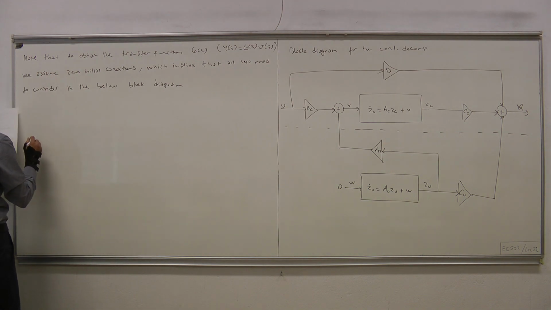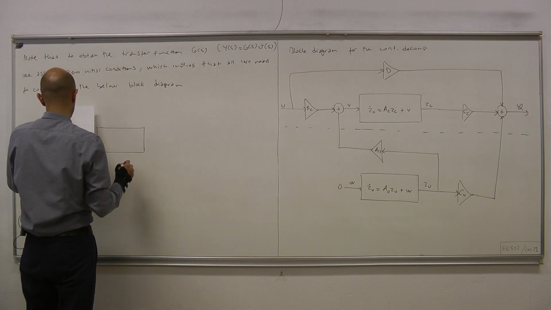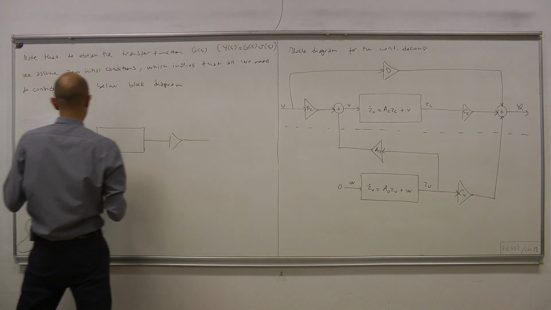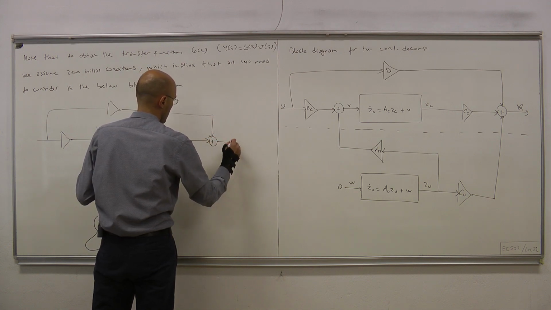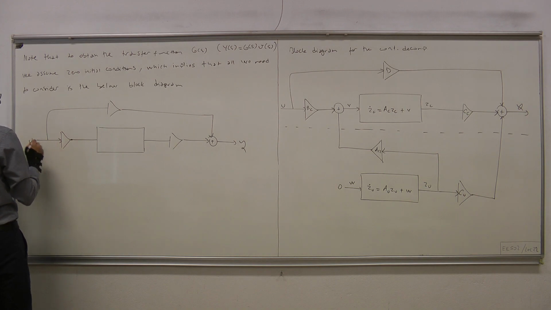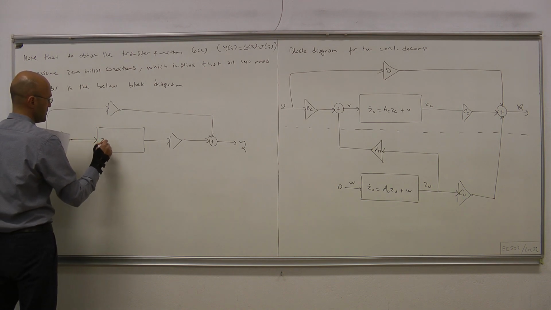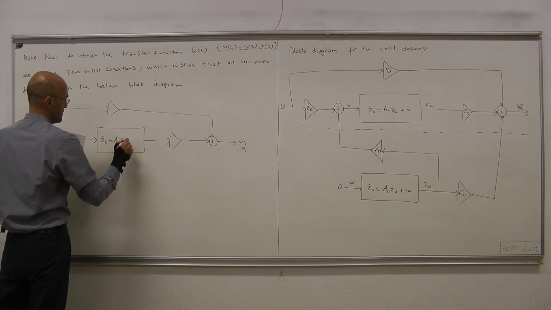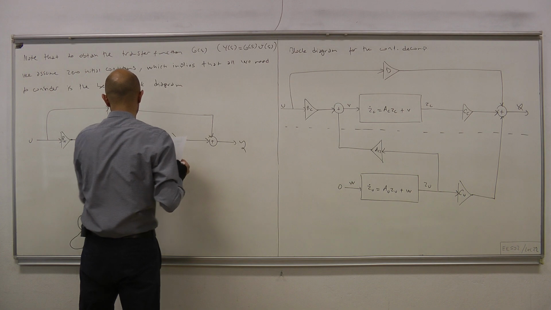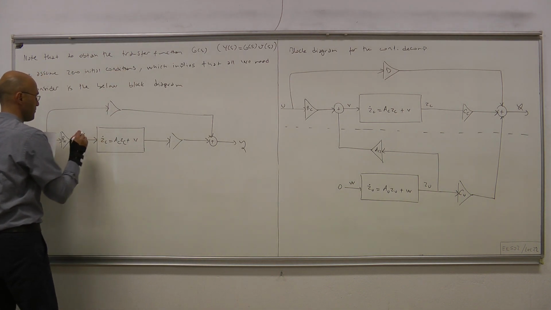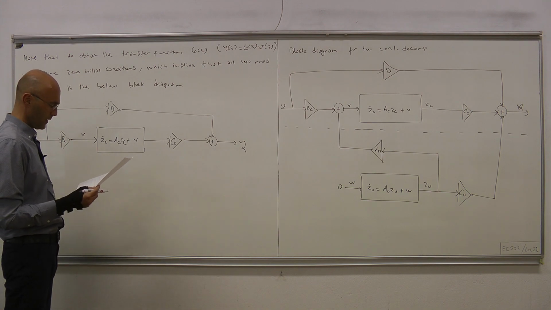So here we have BC, this is ZC dot equals AC ZC plus BC U, plus V. Here we have the D matrix, here we have the CC matrix.